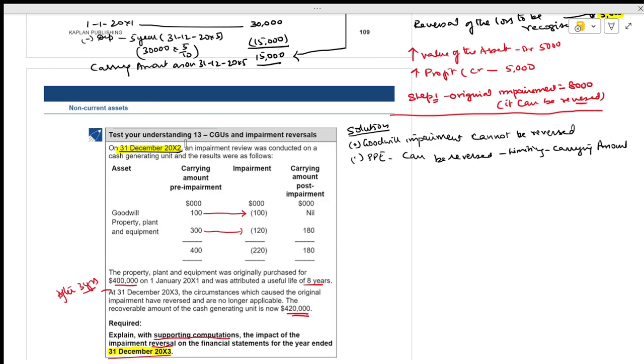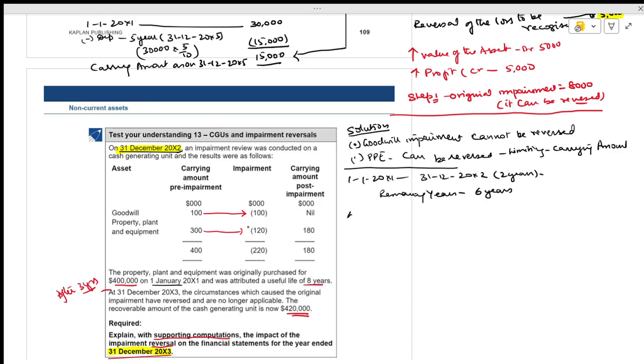If the property, plant, equipment is for 8 years, this happens from 1st January 2001 till 31st December 2002, 2 years, already over. Remaining years are 6 years.